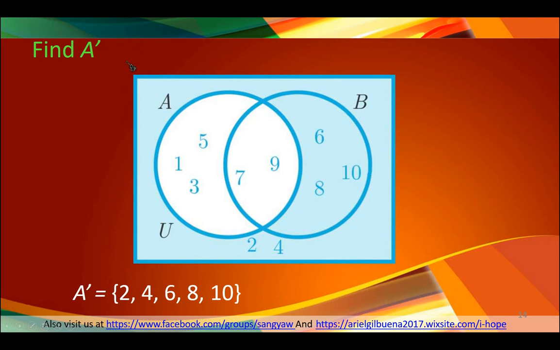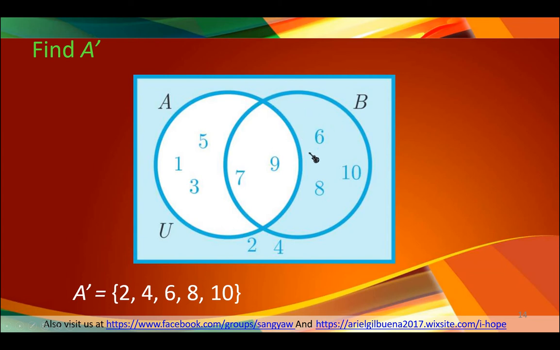Next, A complement. So, ano ba itong A complement na to? Ito po yun. 2, 4, 6, 8, 10. So, ibig sabihin po, pag sinabi natin A complement, ito po yung complement or katapat ng A. Ito po siya.